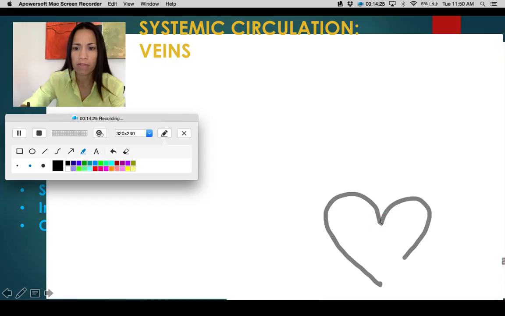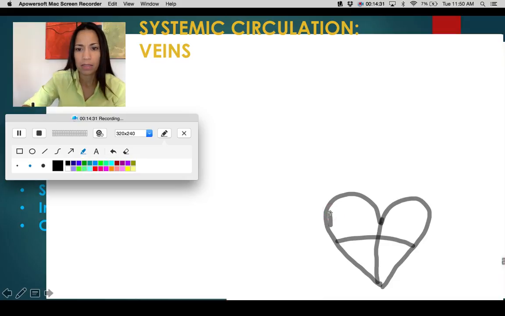So here we have our beautiful heart with the 4 chambers, and this is your right atrium. This is where every deoxygenated blood is going to arrive.